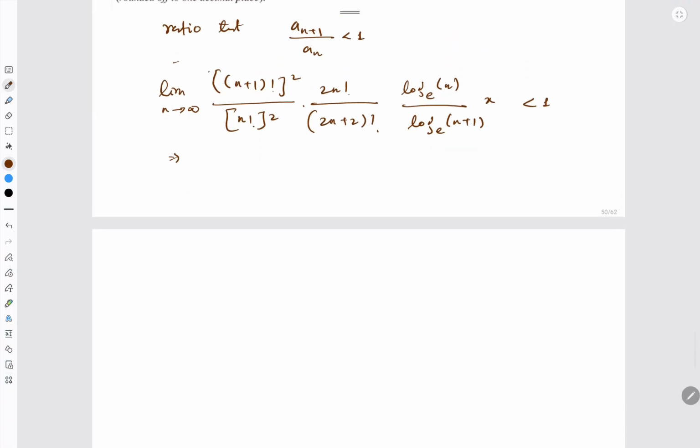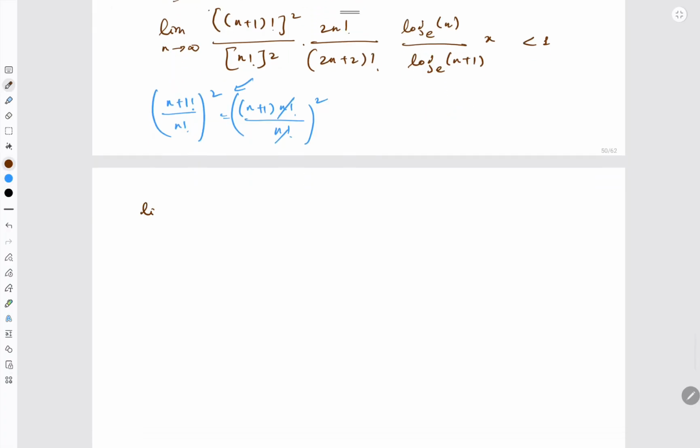So n plus 1 factorial square, I can actually break it down, right? So it is n plus 1 into n factorial by n factorial square, so it is basically n plus 1 square. So I can write the first term: limit n tends to infinity n plus 1 whole square.